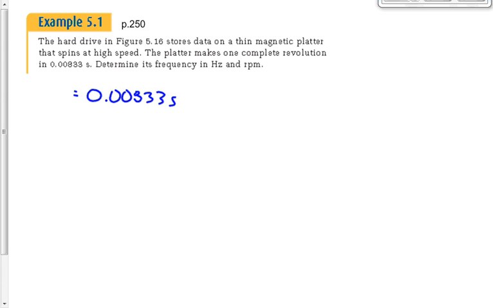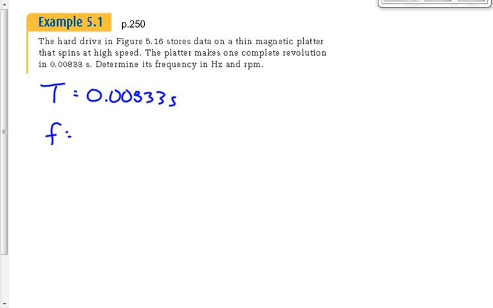Which one is it, Hayden? It's the period, right? The time for one revolution, big T. Don't call it little t, because it's not just any time. It's specifically the time for one revolution. It's the period. So T is equal to 0.00833 seconds.